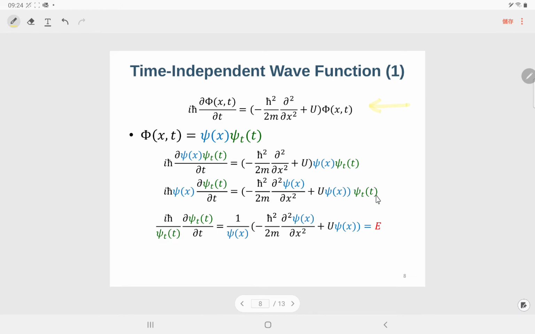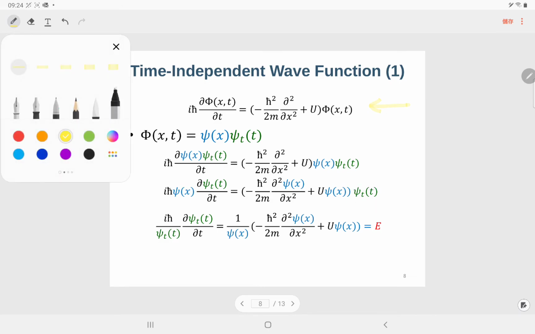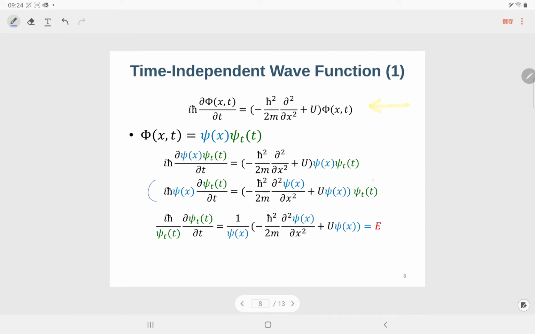So in this case, we can divide both sides by phi x, phi t. Divide both sides by these two terms, and then this one goes here, and then we have i h bar there, and then on the right side a little bit more complicated. We have 1 over phi x, and then this term.